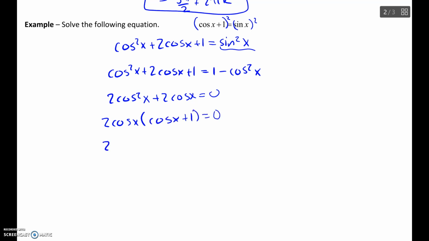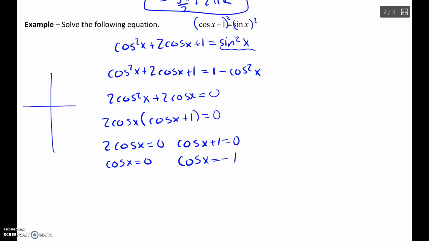So set them each equal. 2 cosine x equals 0, and cosine x plus 1 equals 0. So cosine x equals 0, and cosine x equals negative 1.